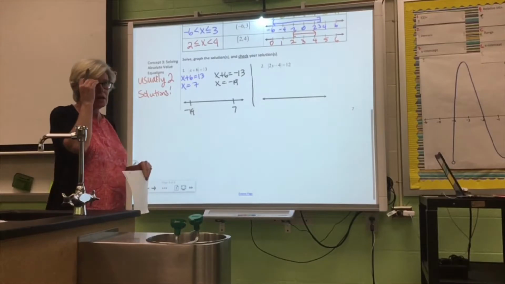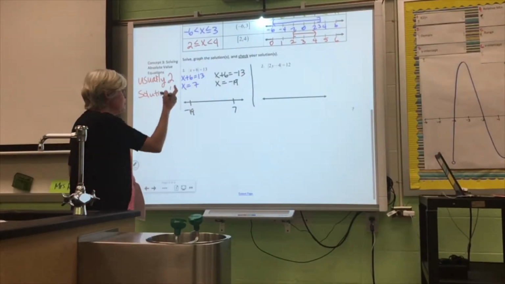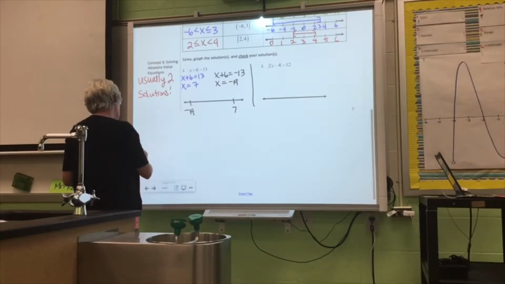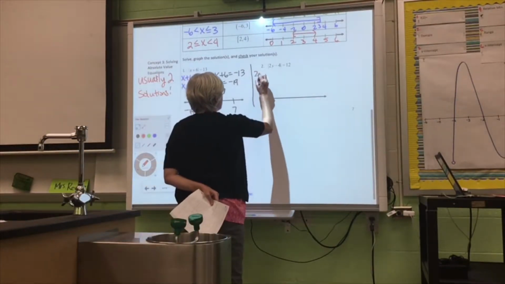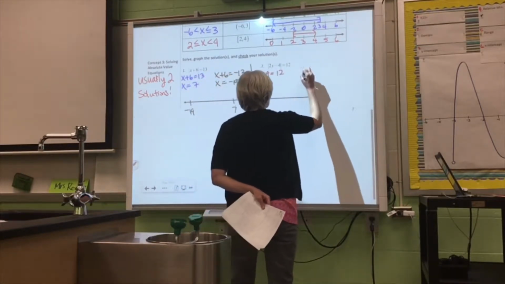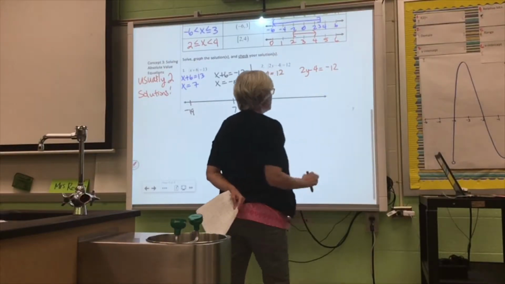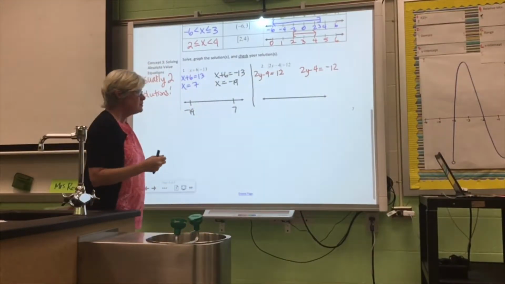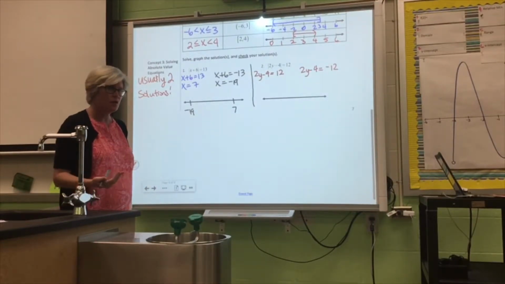Let's look at number 2. Same type of thing. We're going to make one positive, one negative, and then we're going to solve it. It's just a little bit more complex. It's just not as straightforward as the other one. So I'm going to set one of them 2y minus 4 equal to 12. I'm going to set the other one 2y minus 4 equal to negative 12. And now I'm just going to solve it algebraically like I normally would.